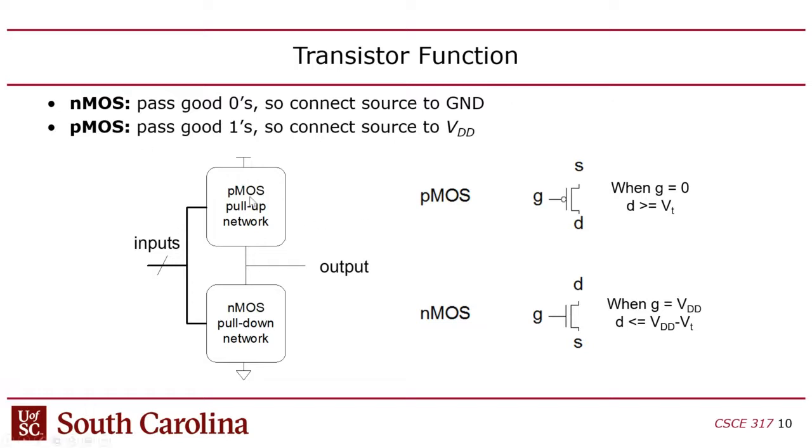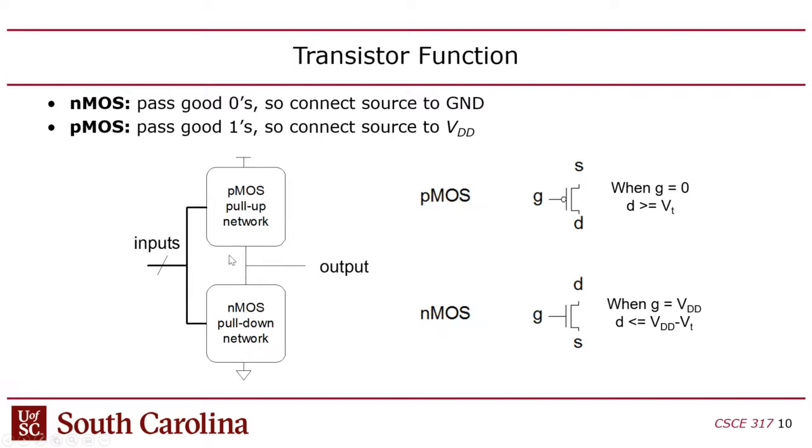So if you have these complementary pull-up and pull-down networks, and you wire it up so only one of them is on at a time, you'll have very little leakage, because the output will be connected to either VDD or ground, but the other side will be turned off. There'll be very low leakage through the gate from its power supply to its ground. So that's good. You want that.